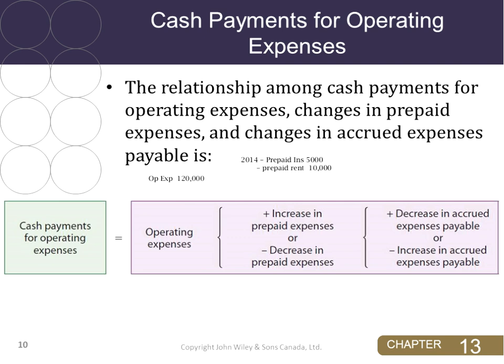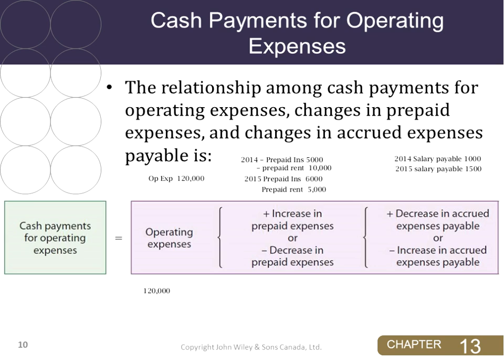In 2015 we had prepaid insurance of $6,000 and prepaid rent of $5,000. In 2014 we had salary payable of $1,000. And in 2015 we had salaries payable of $1,500. So let's take a look. We take our operating expenses of $120,000.